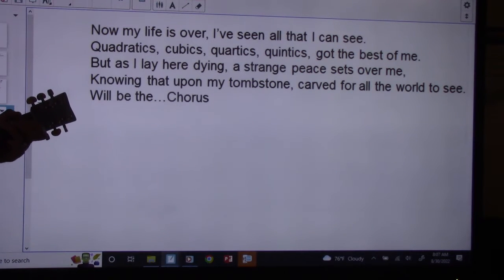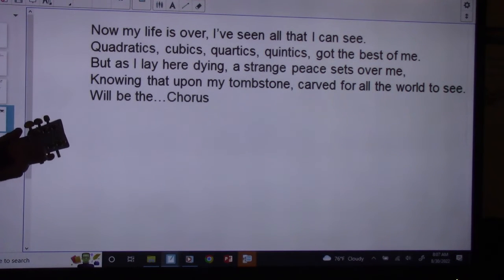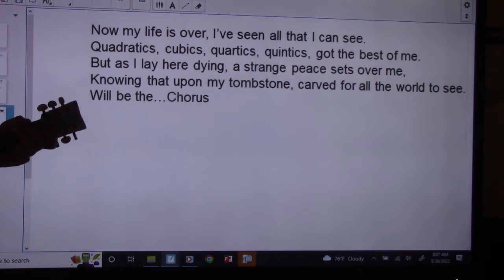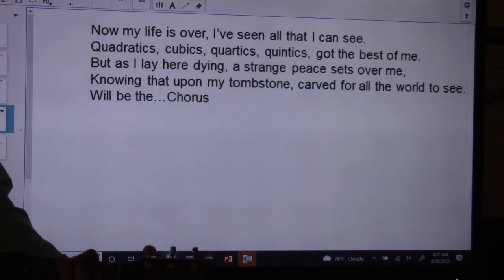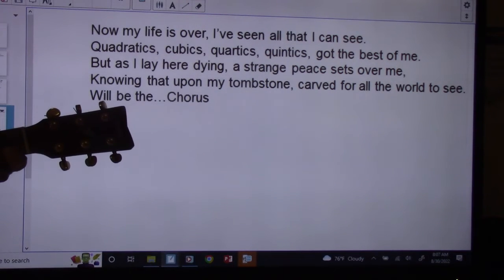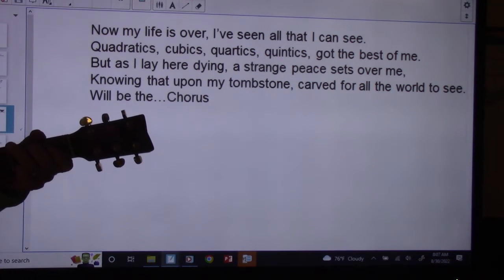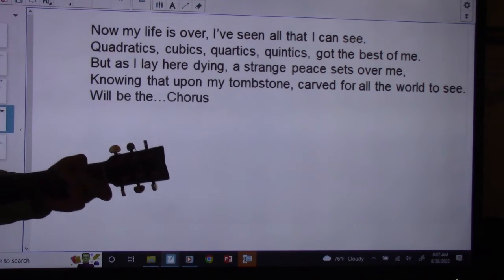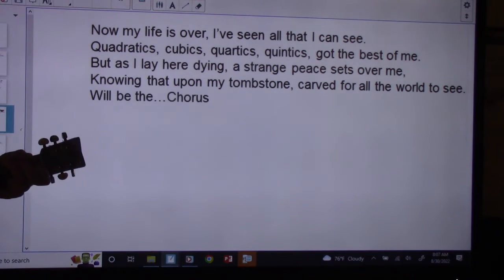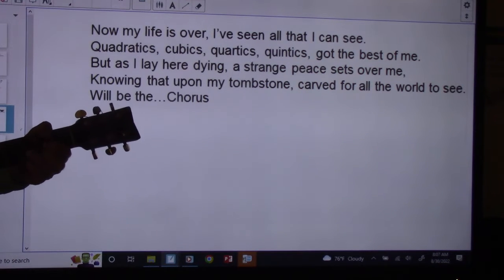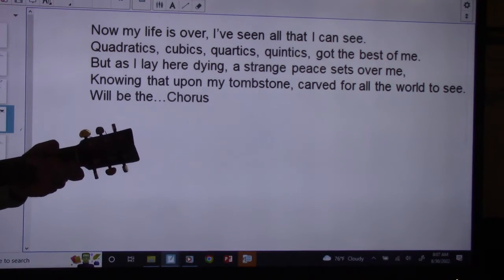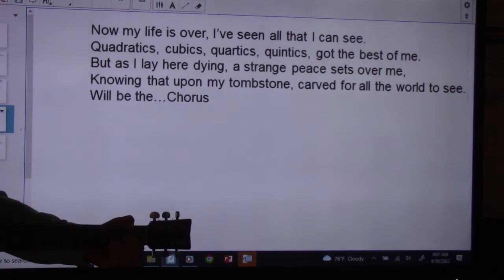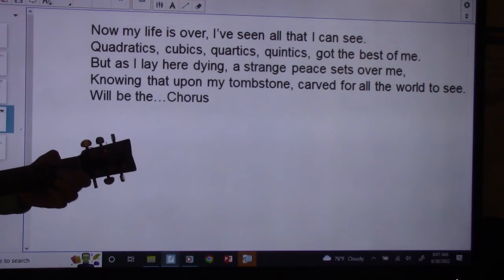But as I lay here dying, a strange peace sets over me, knowing that upon my tombstone carved for all the world to see will be the quadratic formula, the quadratic formula, and it's negative b plus or minus square root of b squared minus 4ac over 2a.